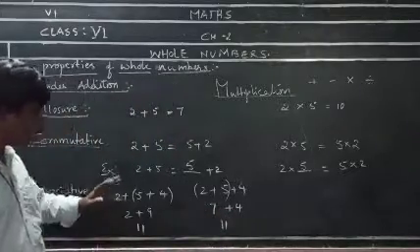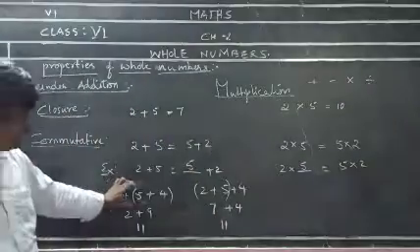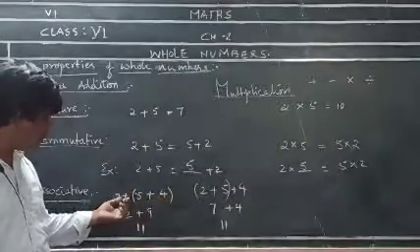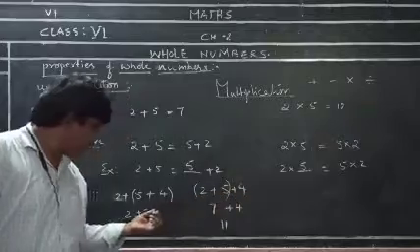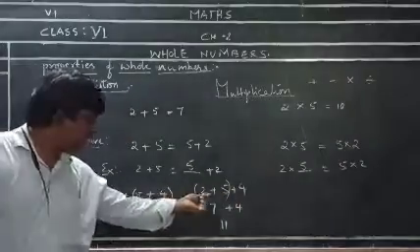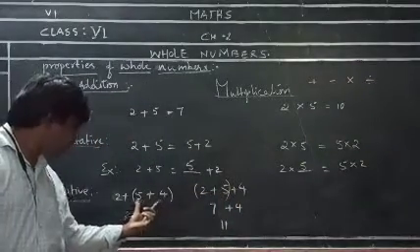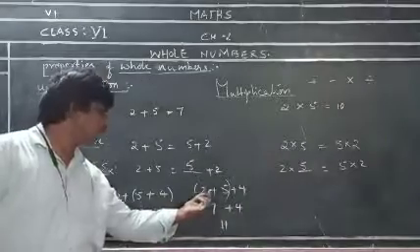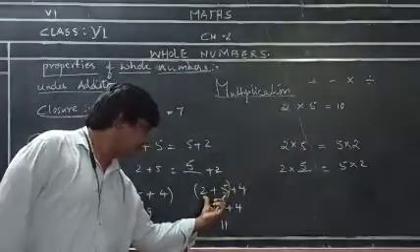So what I did here: I have taken 3 different whole numbers, and using these I made 2 different groupings. In the first case I took 5 and 4 as one group. In the second case I took 2 and 5 as another group.